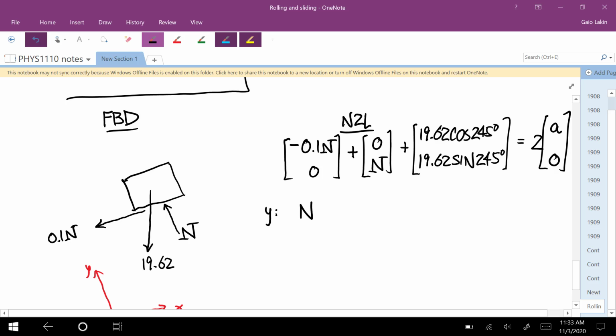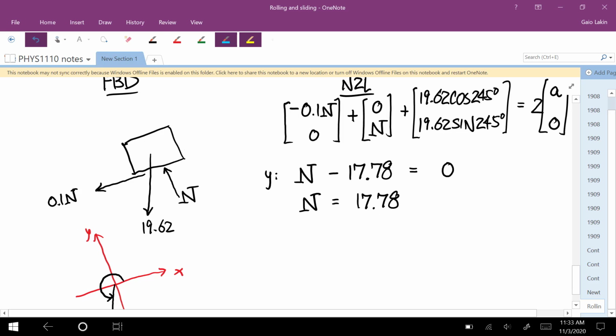So the y equation says n minus 17.78, that's the 19.62 times sine of 245, is equal to 2 times 0, so 0. And that tells us that this normal force is equal to 17.78. Now we'll plug that into the x equation.